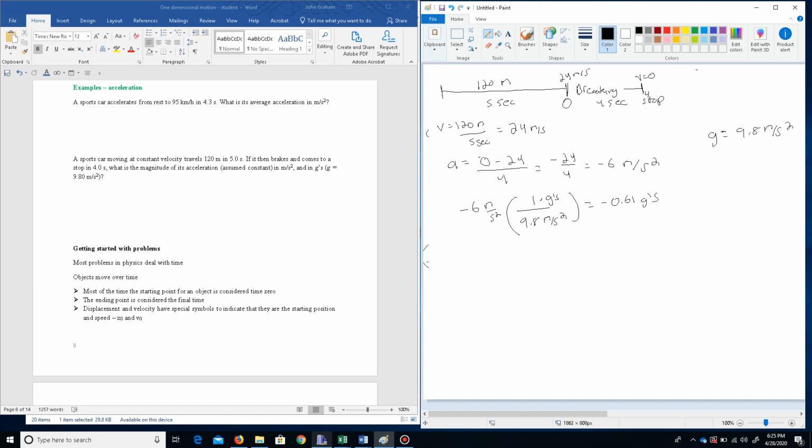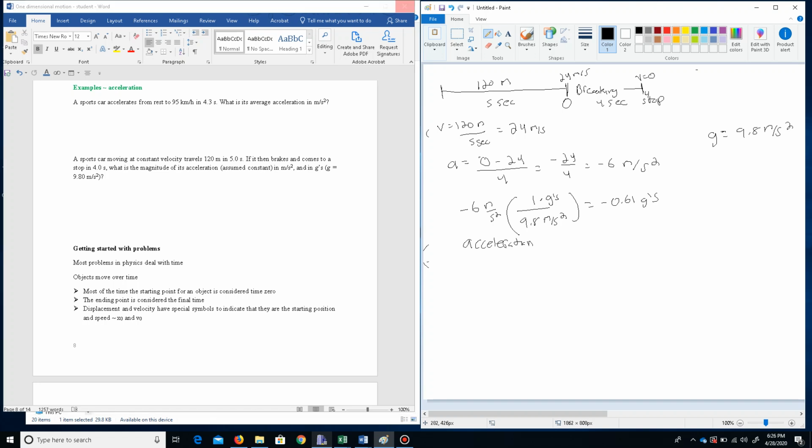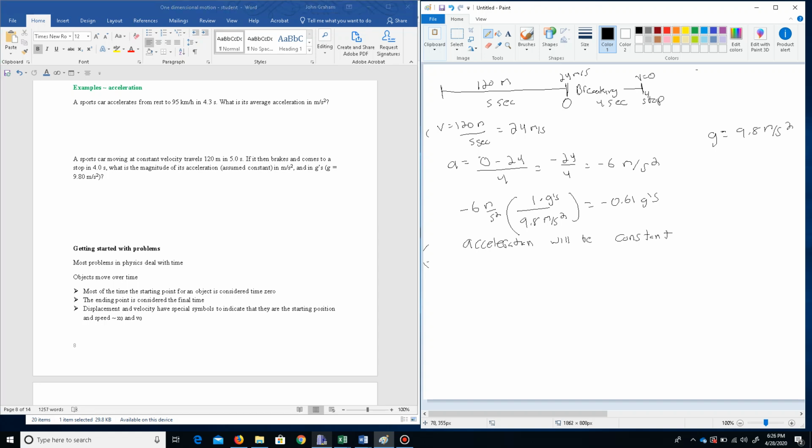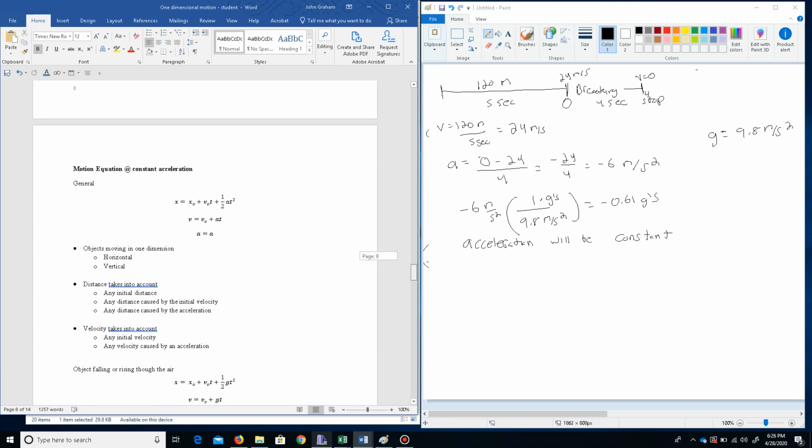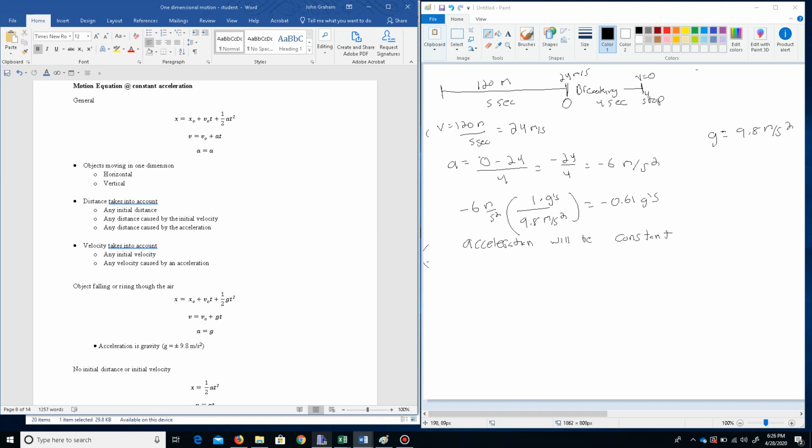And a lot of times, I should include this here, but I'm going to mention it, acceleration will be constant in a lot of problems we'll be dealing with. So when we get into that, we have specific equations that we're going to be using. And these are actually called kinematics equations.